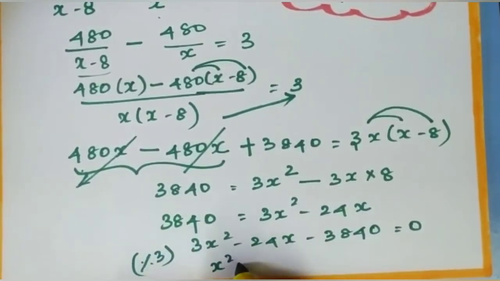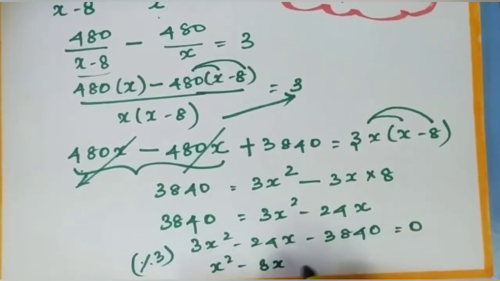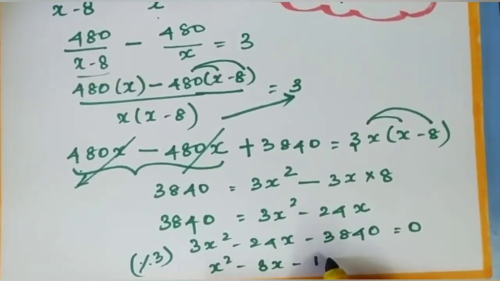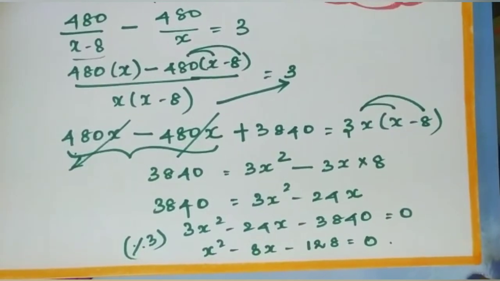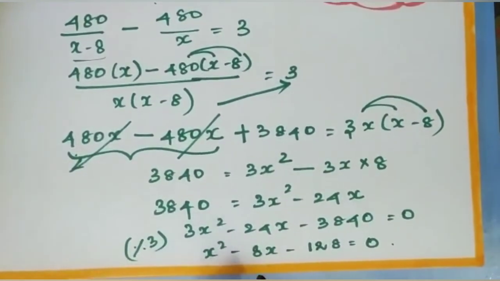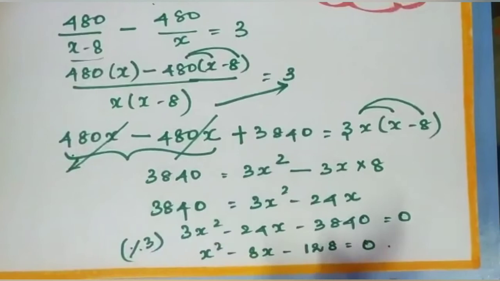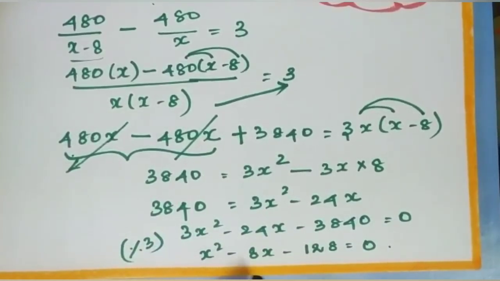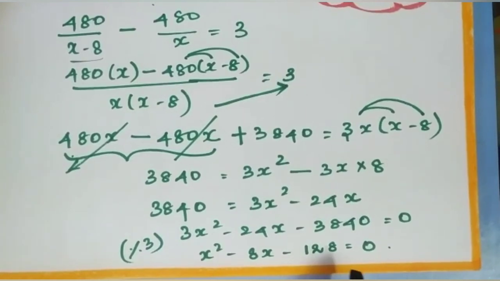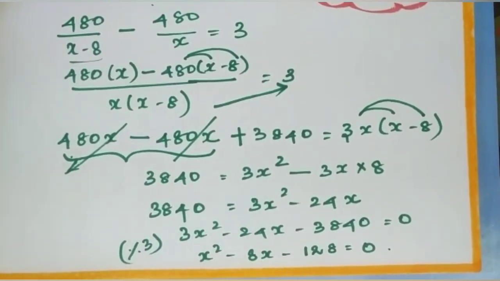So x square minus 8x minus 1280 is equal to 0. This is the quadratic equation. By using the given statement, we found the quadratic equation is x square minus 8x minus 1280. Thank you.